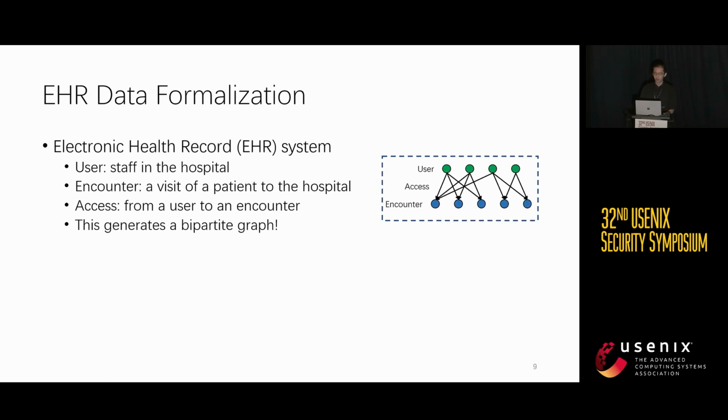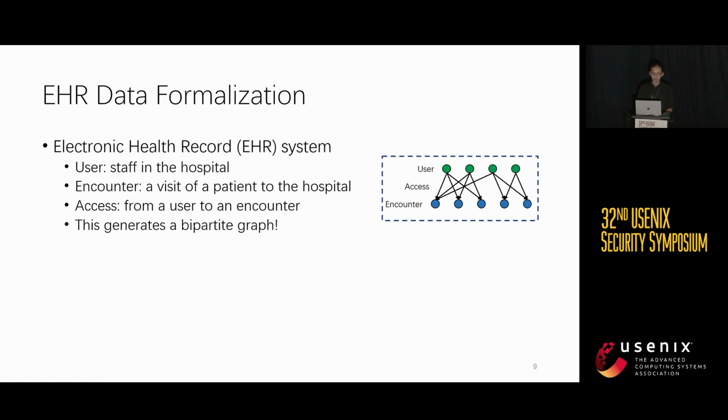As introduced before, we will focus on EHR systems. In this system, a user is some staff in the hospital, such as a doctor or a nurse. Another component is an encounter, which is a visit of a patient to the hospital. For example, if I feel sick and go to the hospital, then all the information during this visit will be recorded as an encounter.